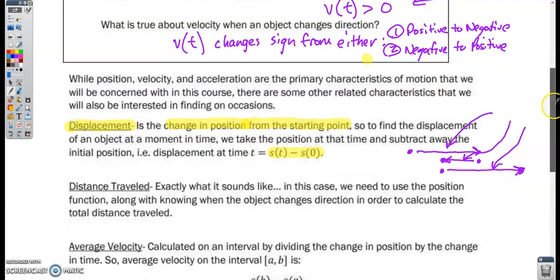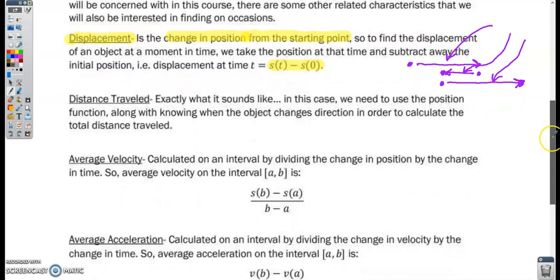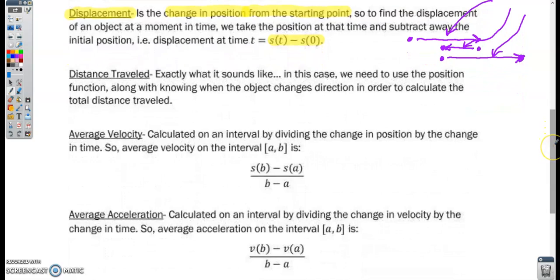The next two are similar, average velocity and average acceleration. The velocity and acceleration that we defined in the previous video are the instantaneous velocity and the instantaneous acceleration, just like we talked earlier in the course about instantaneous rate of change and average rate of change.